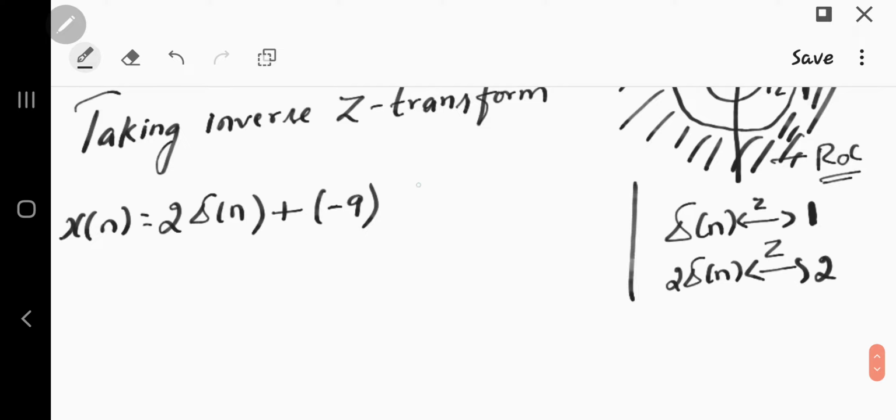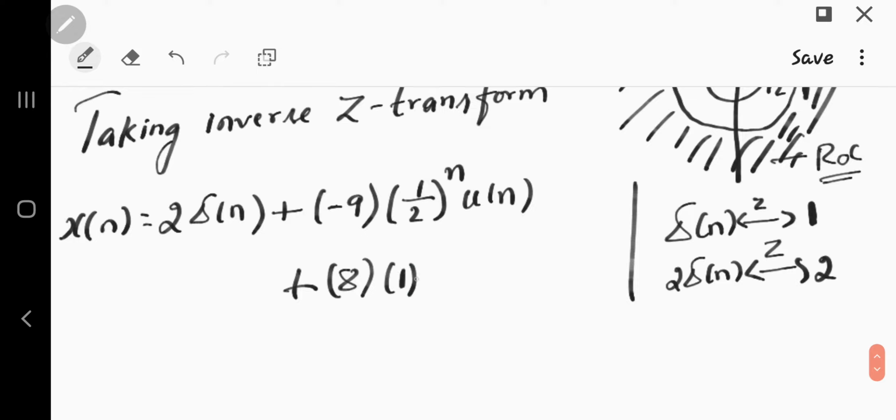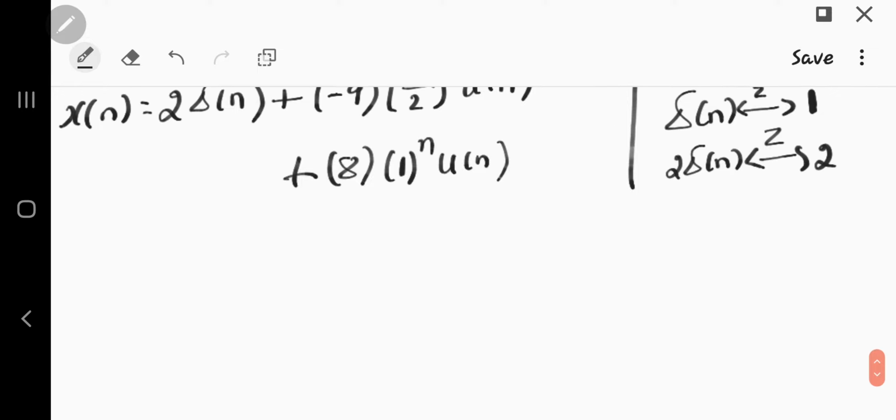So that means in place of alpha, we have 1 by 2 to the power of n into u of n plus 8 is the value of k2. Now in place of alpha, we have 1 here. Okay, so we can write it as 1 to the power of n into u of n.